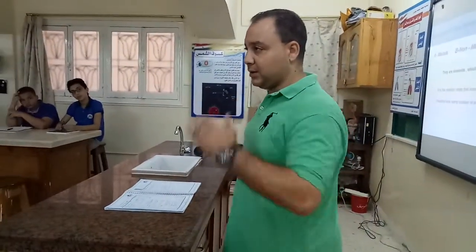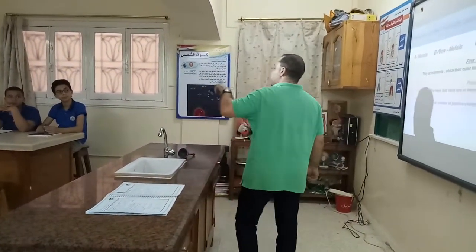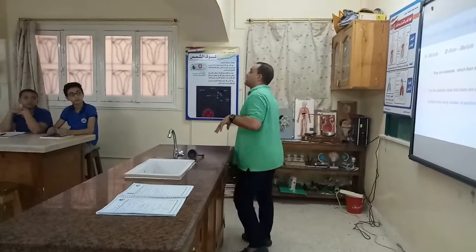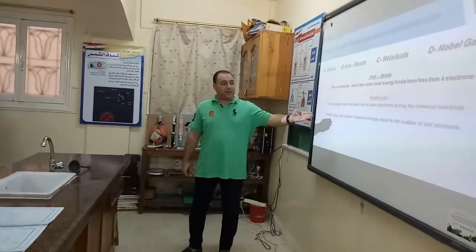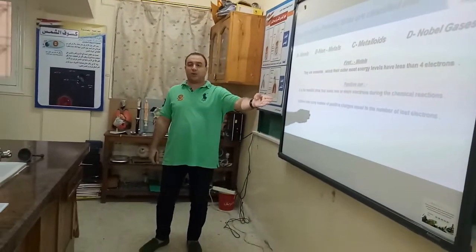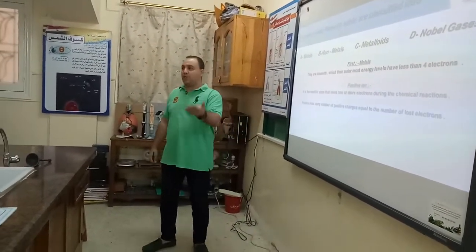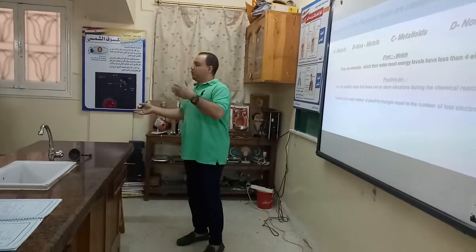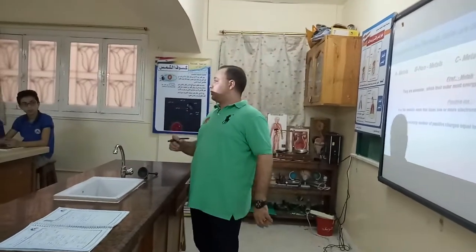Aluminium 13: 2, 8, 3. So it loses 3 electrons, becomes Al positive 3. It's trivalent. Okay? So the positive ion carries a number of positive charges equal to the number of what? Lost electrons. Loses 1, positive 1. Loses 2, positive 2. Loses 3, positive 3, and so on.